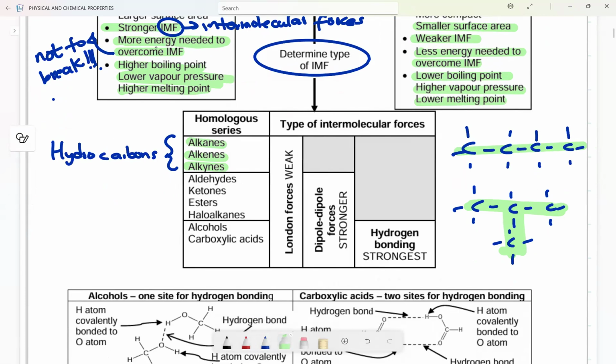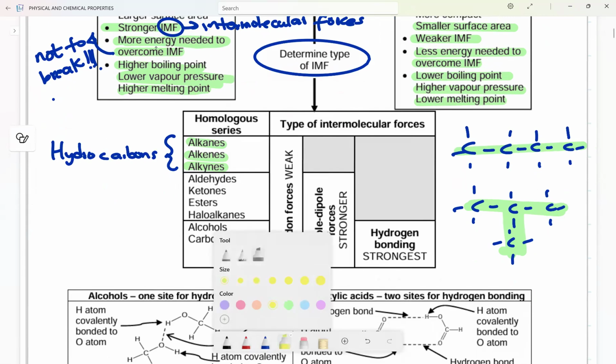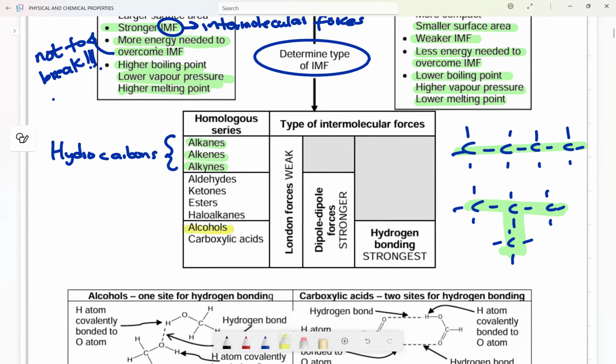Alkanes, alkenes, alkynes. Then come straight to alcohol and carboxylic acid and say, the ones that have OH in them have hydrogen bonds.